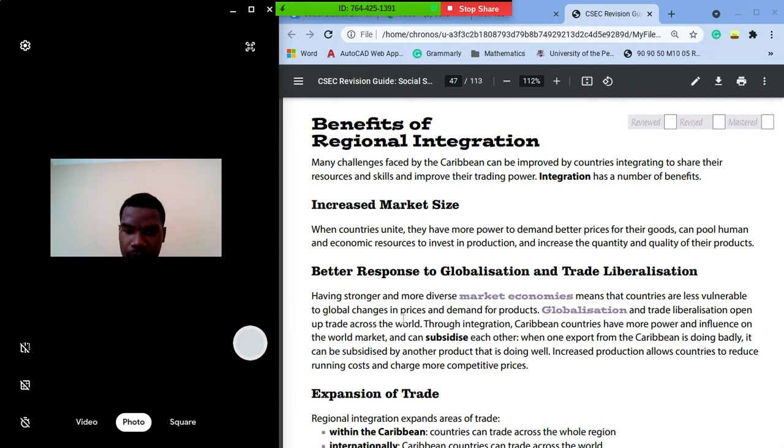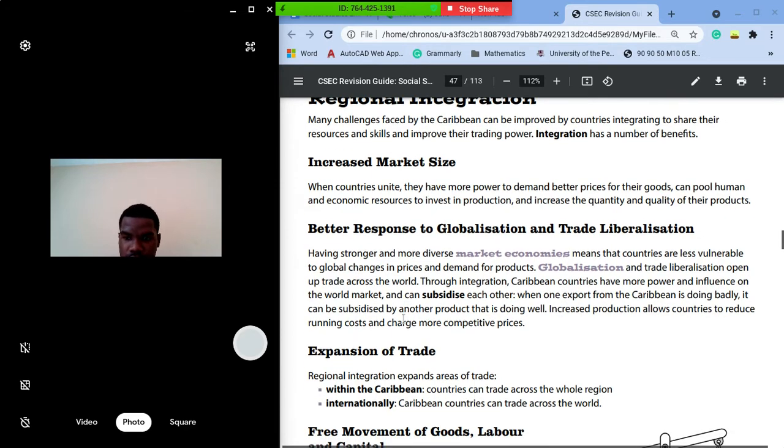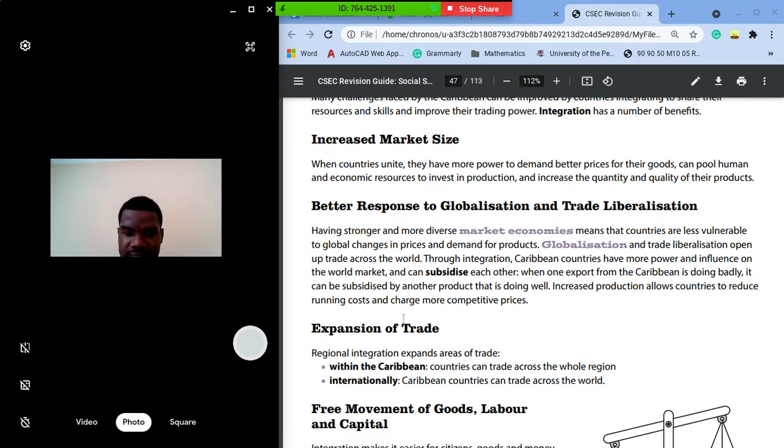So, that's the second one. The third one is expansion of trade. Regional integration expands areas of trade. So if I merge, my region of trade also widens, because not only can I trade regionally, I can trade internationally as well.